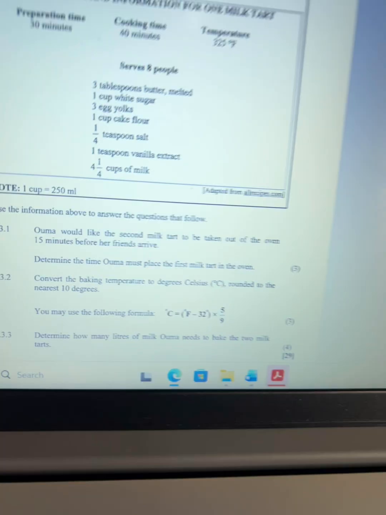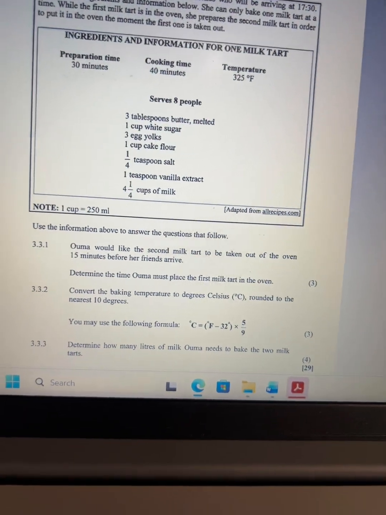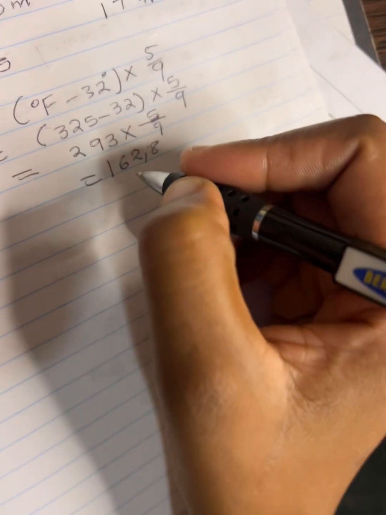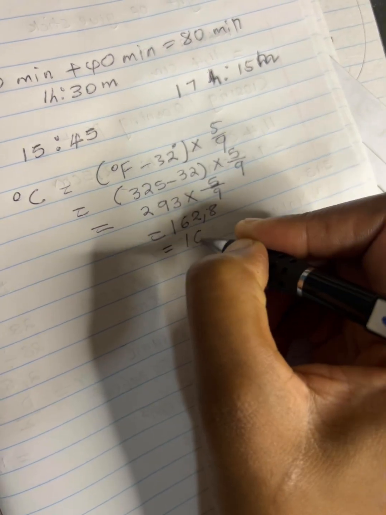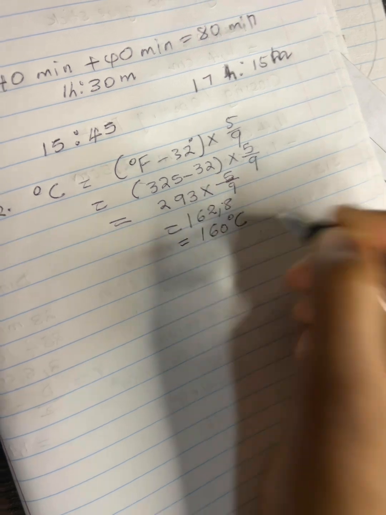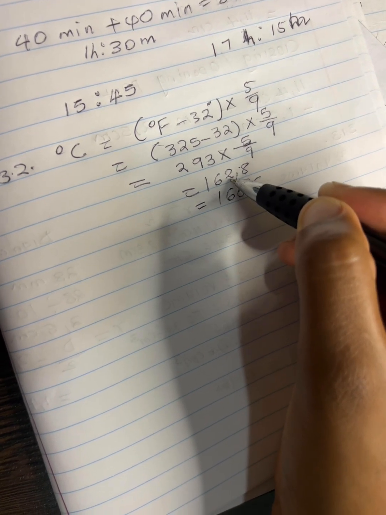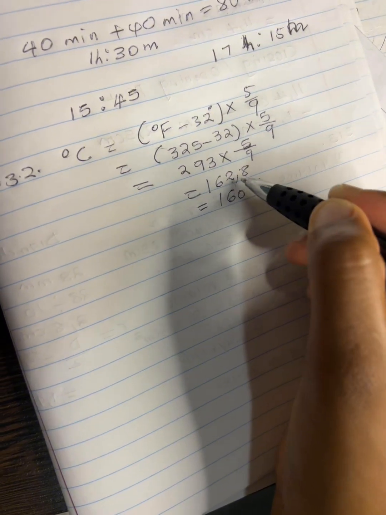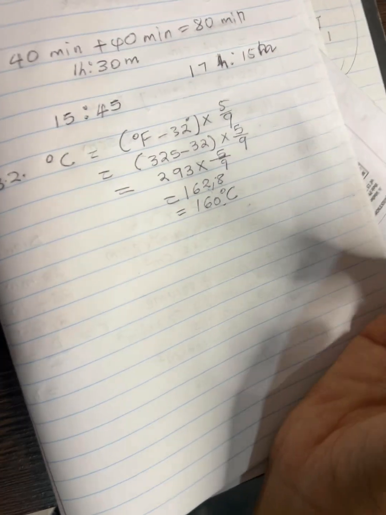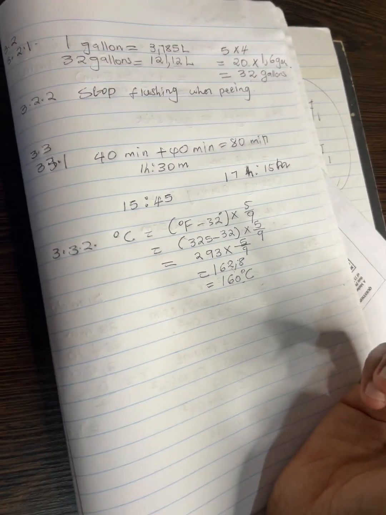They said the answer must be to the nearest 10. If we round it off it will be 163, so when we round to the nearest 10, it will be 160 degrees Celsius.